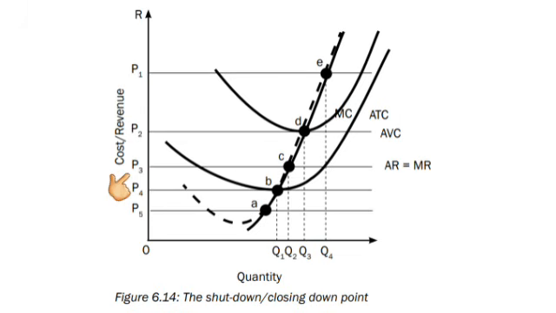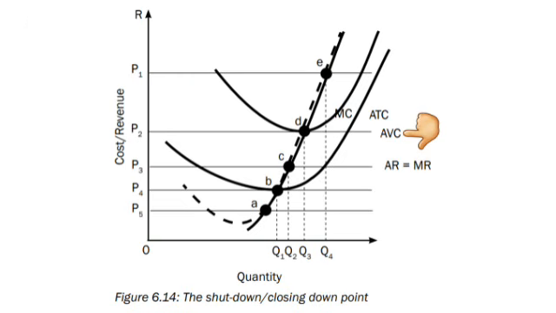At P3, I have my average revenue. Because my average revenue is at P3, I expect my average variable cost to be below that line. But as you are seeing, my average variable cost is actually at P2, and that is above P3.